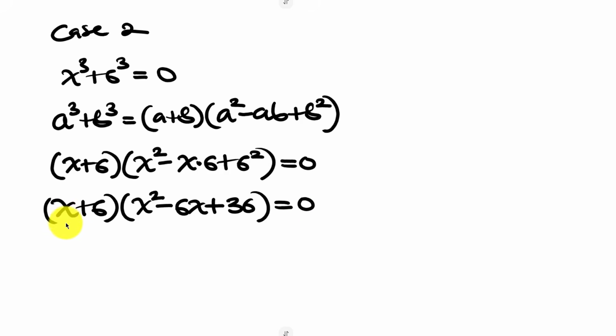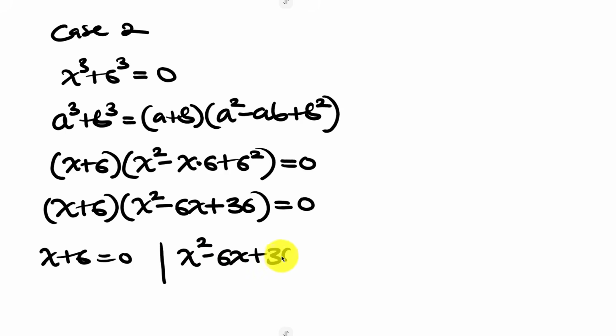So there are two cases from here. We have x plus 6 equal to 0, and we have the quadratic term, x squared minus 6x plus 36 equal to 0. From the first case, as 6 crosses to the right hand side, it becomes negative 6, so x is negative 6.